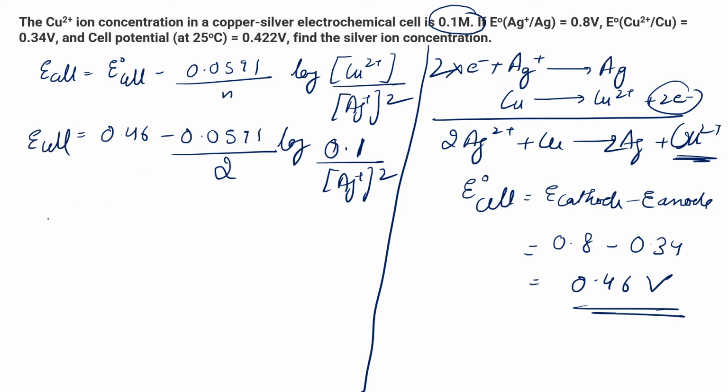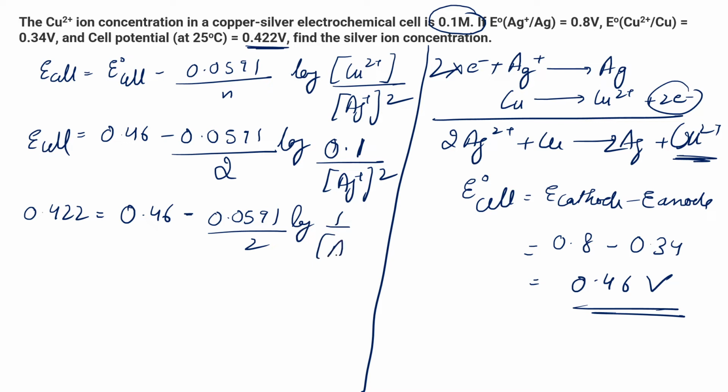For this reaction they have mentioned that the cell potential is 0.422. They have provided this number, 0.46 is the E naught value. So we will calculate the value of silver ion. So rearranging the whole equation, we will be getting 0.1.